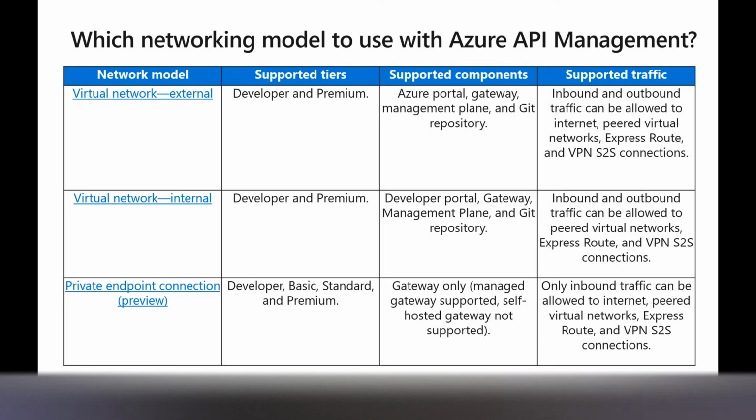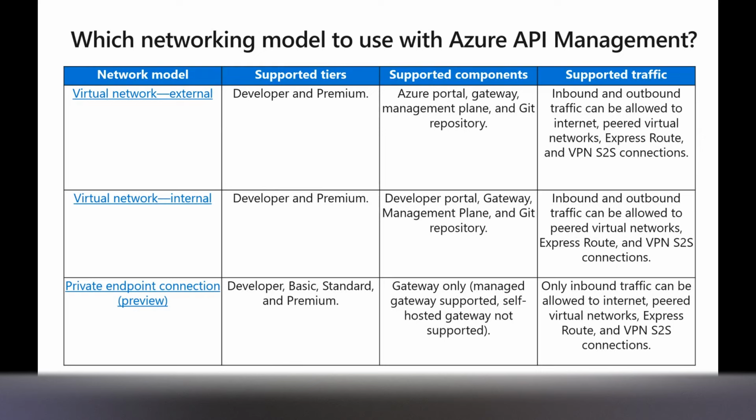So you cannot mix those two models. You cannot have a VNet injected service and put a private endpoint on top of it. It has to be running in the Azure multi-tenant environment, non-VNet injected, then you can create a private endpoint to it.